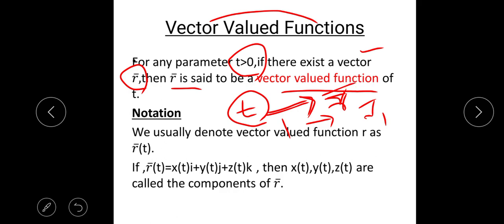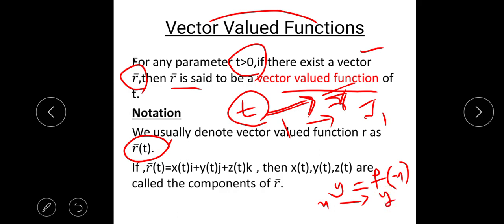We usually denote a vector valued function as r of t. And already we know in the case of real calculus, we denote real valued functions by y is equal to f of x. So for any x you consider, you will get the corresponding y value.